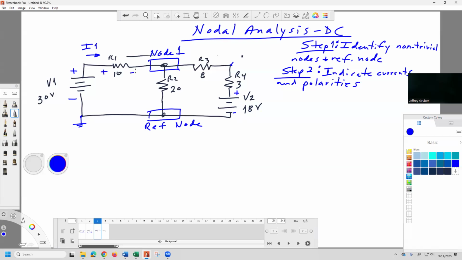This is plus minus. I2 is this way. I tell students, draw them where they logically would go. Some current comes out of this power supply, goes this way. Some current goes here. Some current comes out of here and it goes this way. That's I3. There's our polarity. Here's our polarity and our polarity.